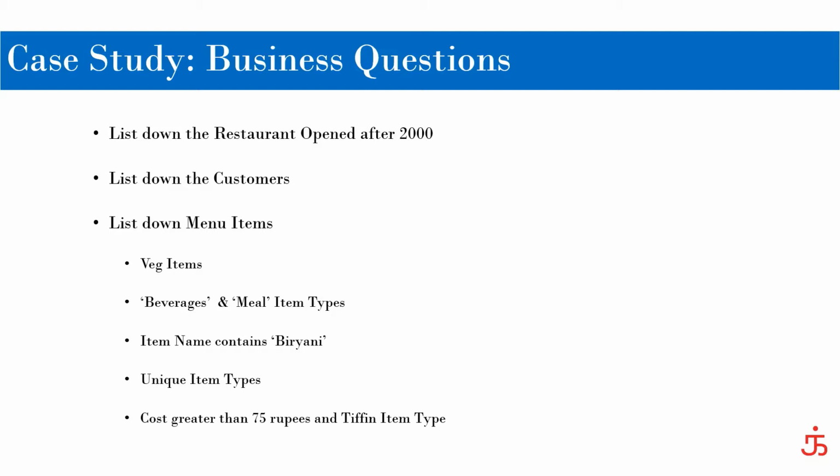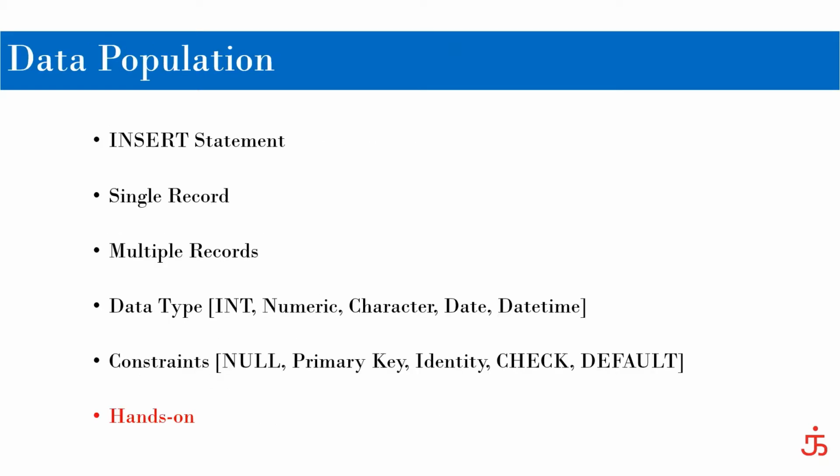Finally we are going to write a SQL query to get the items whose cost is greater than 70 rupees and are of type tiffin. So these kinds of queries we are going to write. Today onwards it's going to be an exciting journey. We are going to start writing SQL queries because data is going to be there.